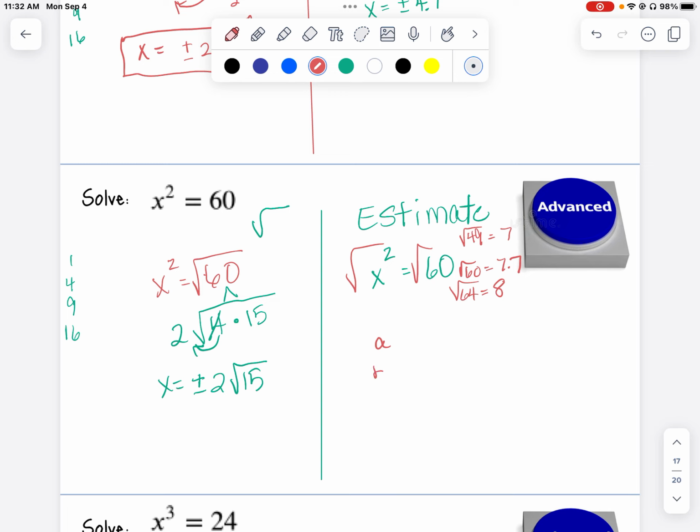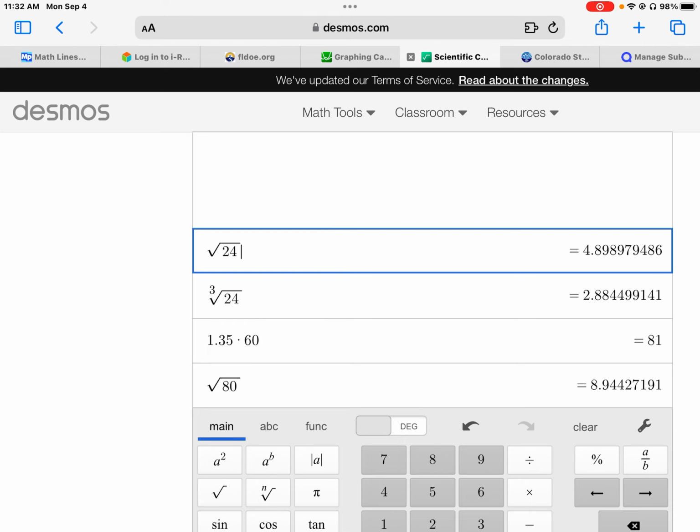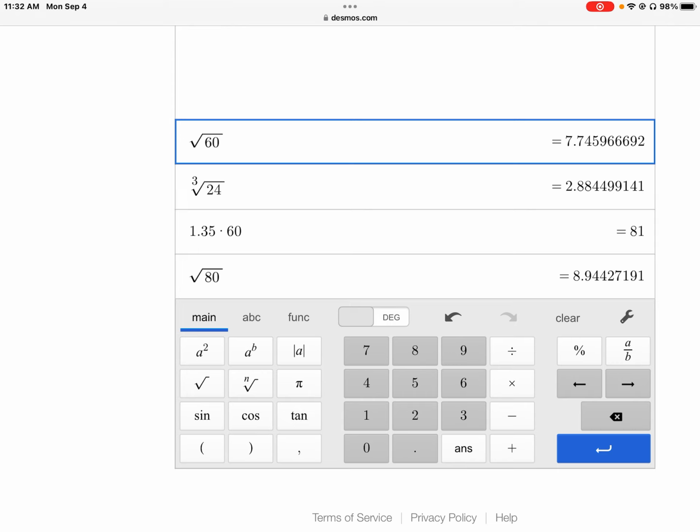If you had a multiple choice where you would have plus or minus 7, plus or minus 7.5, plus or minus 7.7, and plus or minus 8, I would go for the 7.7. That's what I would choose. Now, if we look back here, the square root of 60, 7.7 is where I would have gone.